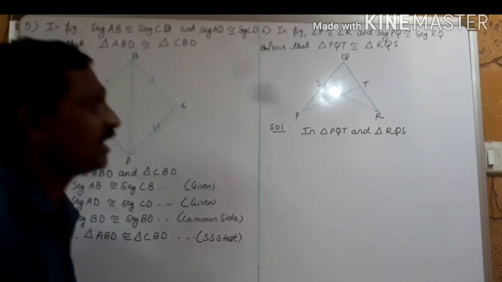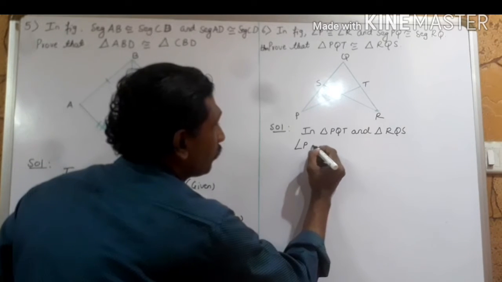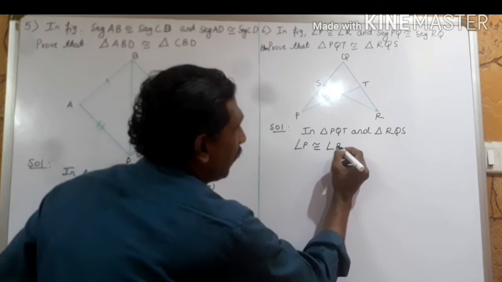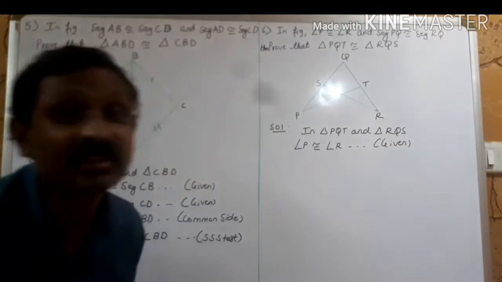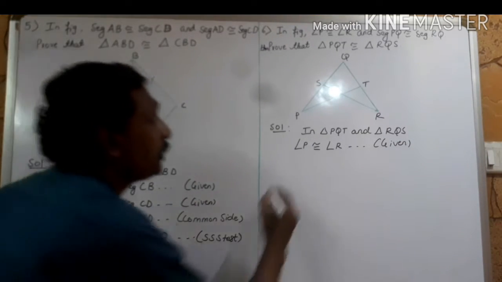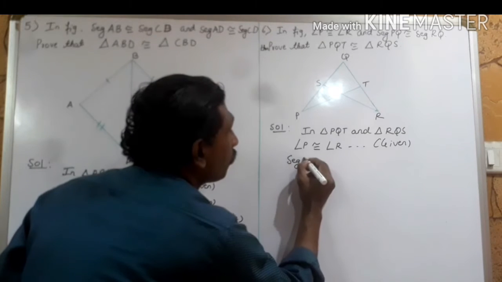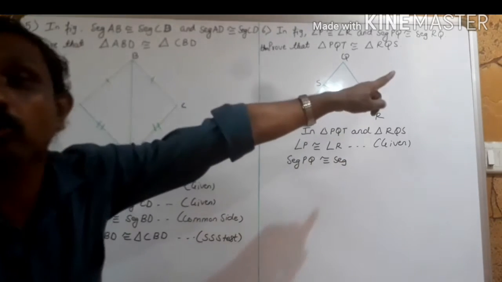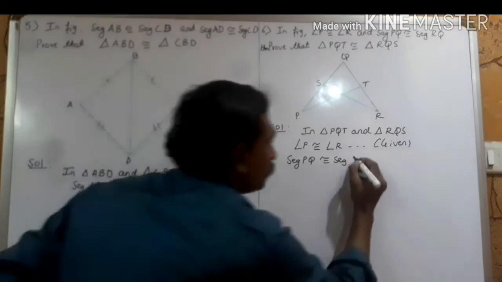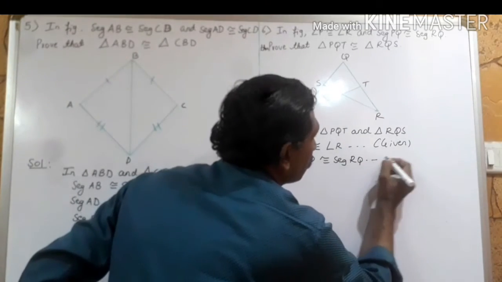Angle P congruent to angle R. This is given. Anything else given to us? Yes, segment PQ congruent to segment RQ. Given.